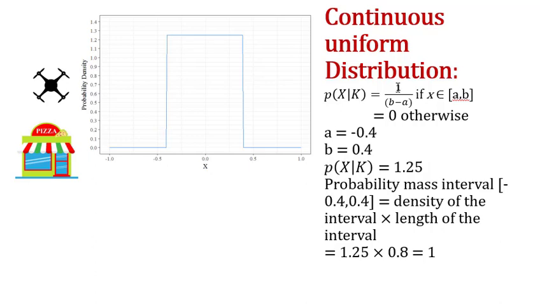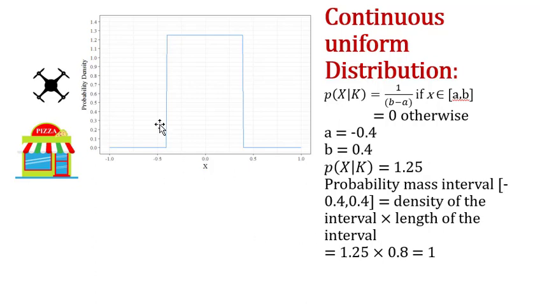So the density is 1 divided by the length of the interval, which is 1 divided by 0.8. That is 1.25. So the probability density for all the values within the interval is 1.25, and for the values outside this interval it is 0.